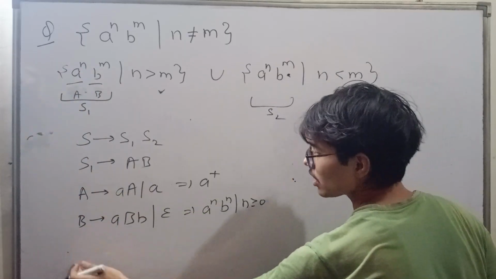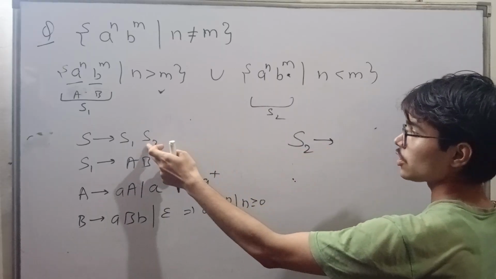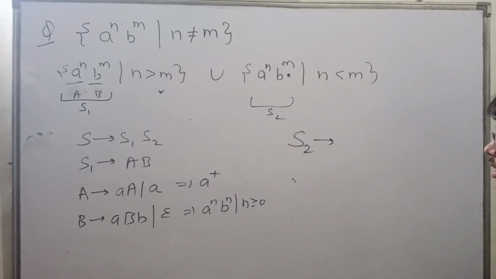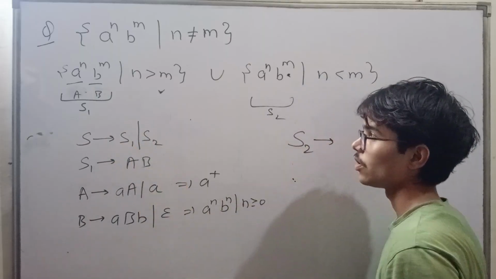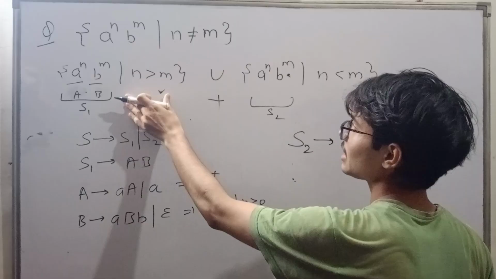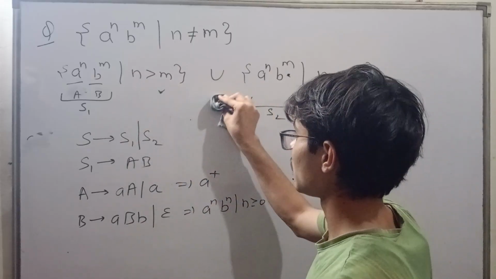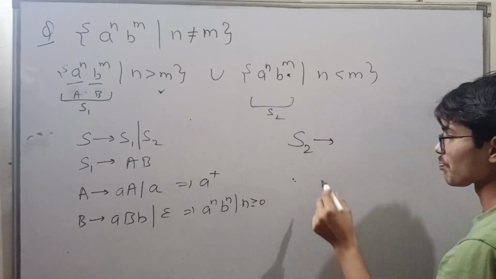This is the same continuous thing I write here from s2. What I write here for s2 is a slash, because union means union, you can say plus. Either this happens or this happens. So you have to write slash, not multiply.